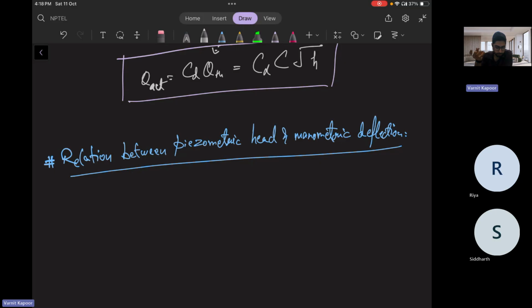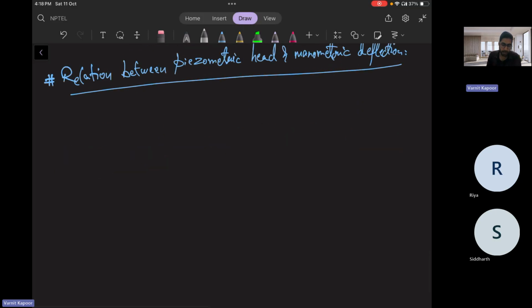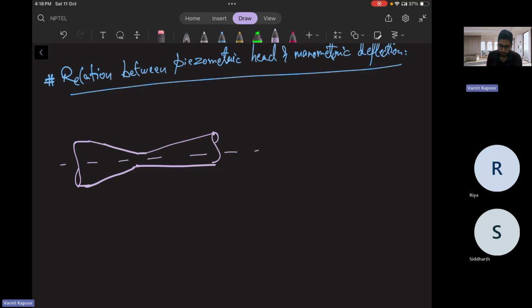Okay. So in such scenarios, if I have a Venturi meter like this, with some datum, suppose here it will be Z1, and here it is Z2.